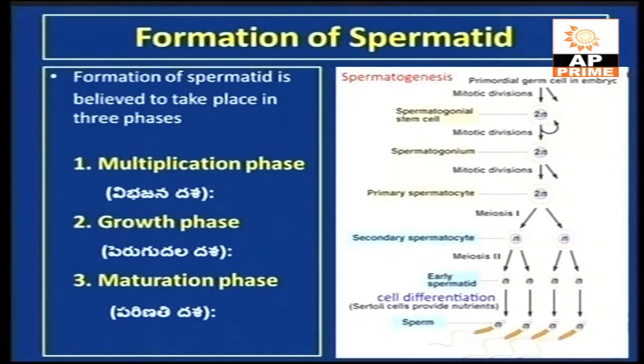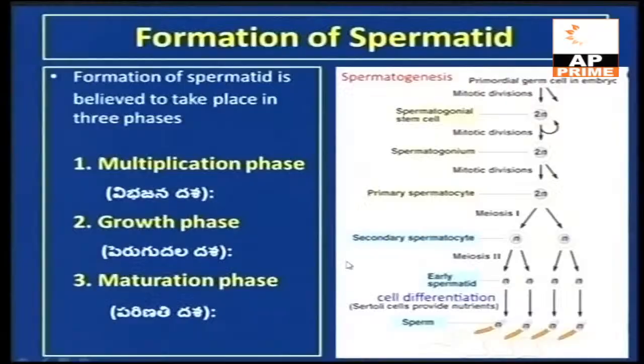After the formation of the spermatogonium cell, these grow in size and they synthesize more protein substances for further division of cells, and then the formed cells are called primary spermatocyte cells, pradhamika shukrakanalu.